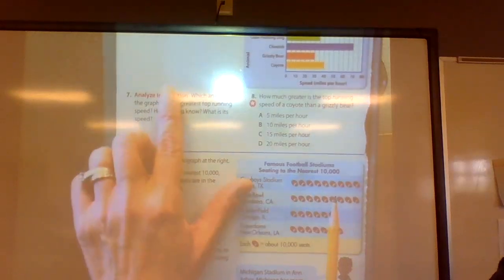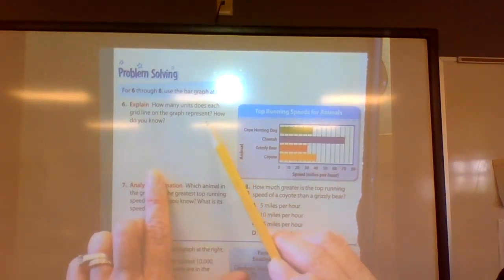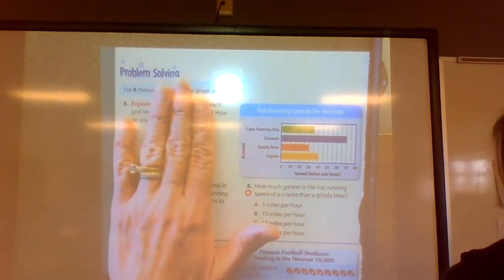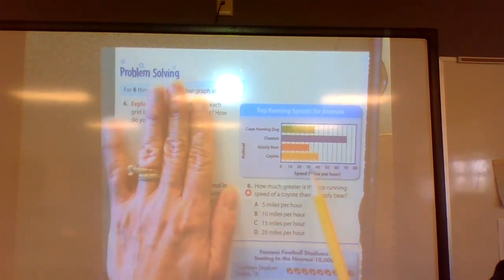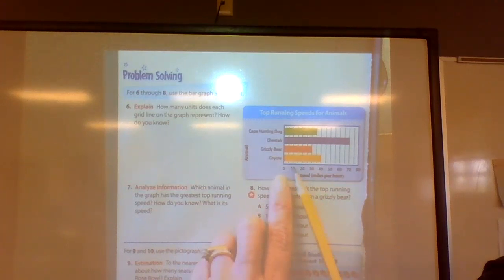Okay, on the back, you have a bar graph. How many units does each grid line on the graph represent? Well, again, before you answer these questions, you need to label your bar graph. And remember, the one tricky thing in third grade is every unit that's marked and labeled is not ever the same.